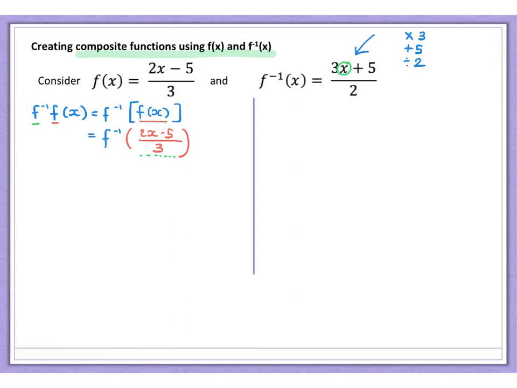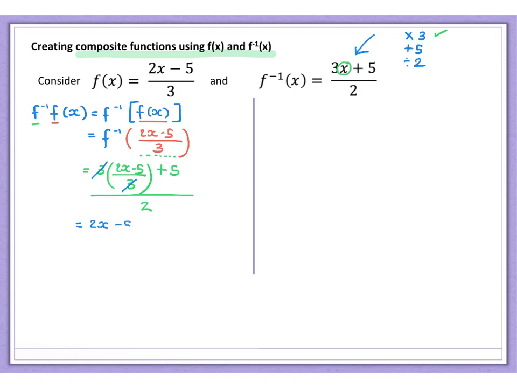So let's have a go at doing this. This then becomes 3 lots of the input, so 3 lots of (2x − 5)/3. So we've done the multiplying by 3 part. We then need to add 5, and then we need to divide the whole thing by 2. Let's work that through and see what happens. So you can see clearly multiplying by 3 will cancel dividing by 3 here.